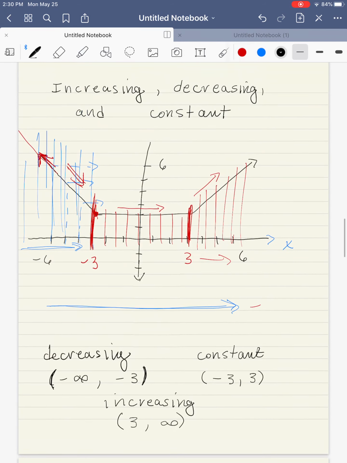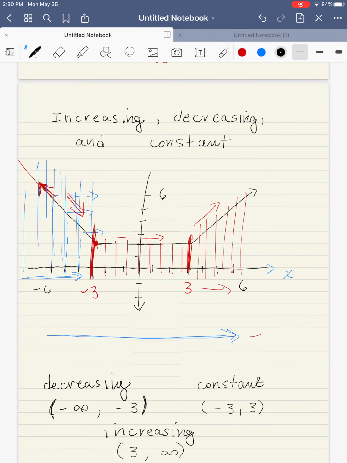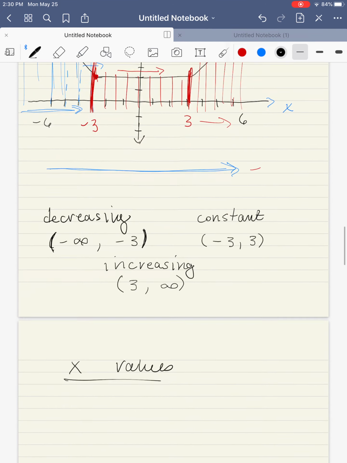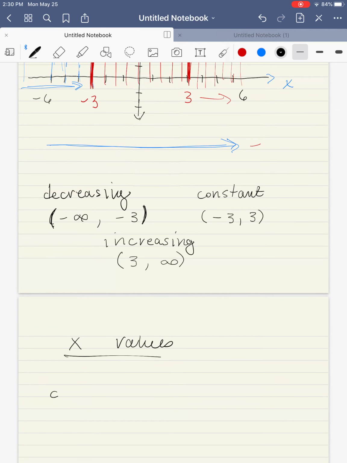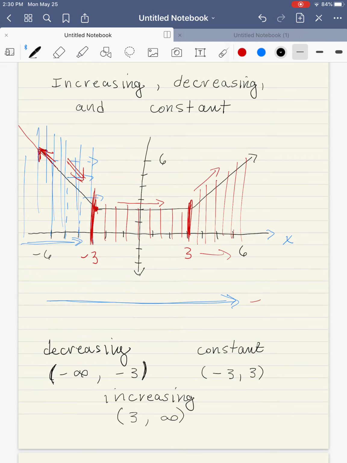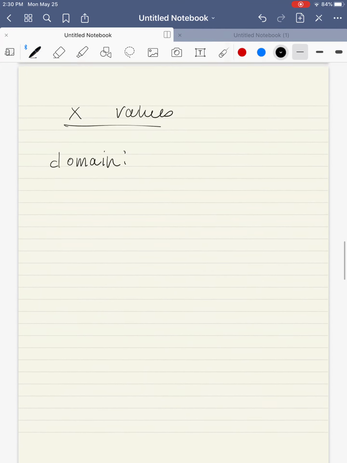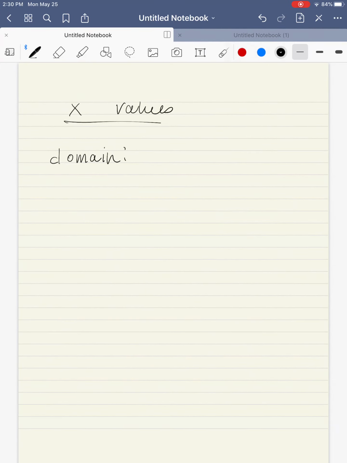If we look back at this graph, which is kind of a mess, we can see also our domain and our range. The domain is the x values for which the graph exists. So as we move from left to right, I'm just going to go ahead and redraw the graph so we can see a little better what's happening here.